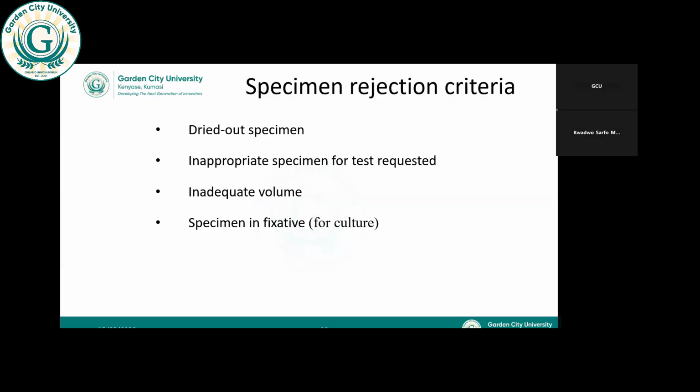And if it's for culture, where you are going to grow the microorganisms, you don't keep them in fixative. Fixative will kill and preserve the cells. So we don't encourage keeping your specimen in fixative. Meanwhile, the organisms were there before they got into the lab.